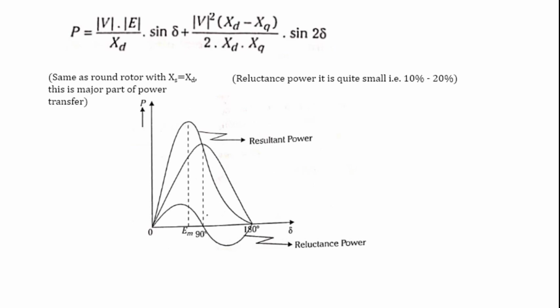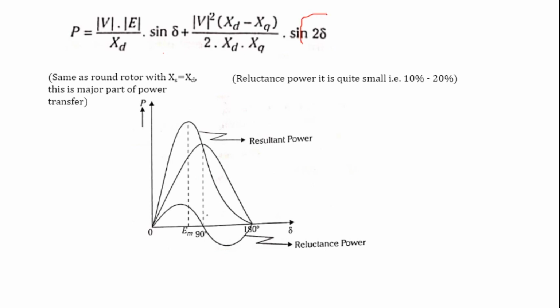How do we need to draw this? Consider that the first part of the equation, sine delta, is represented by this one. This is considered 1. Then the second part is the reluctance power. Why do we call it reluctance?